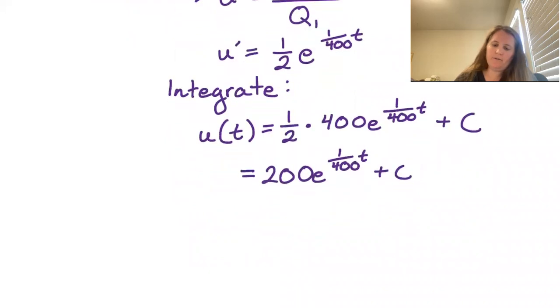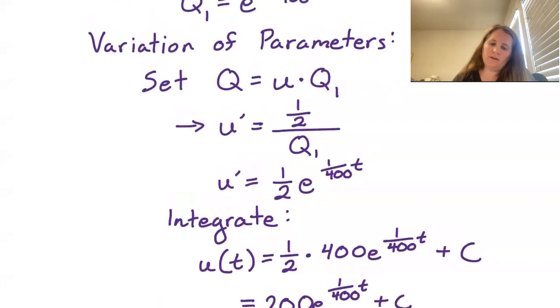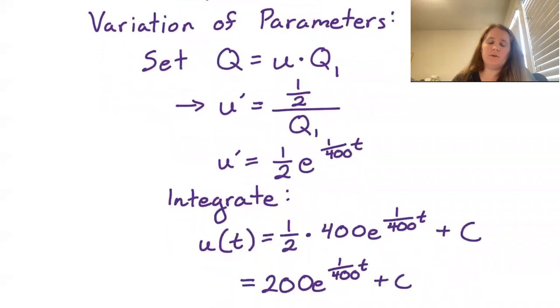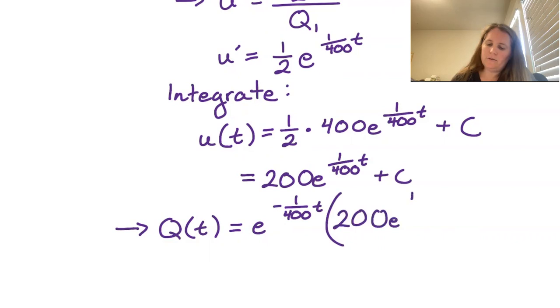We therefore get from here that Q of t is equal to, our Q1 was e to the negative 1/400 t, so e to the negative 1/400 t times 200 e to the 1/400 t plus c.